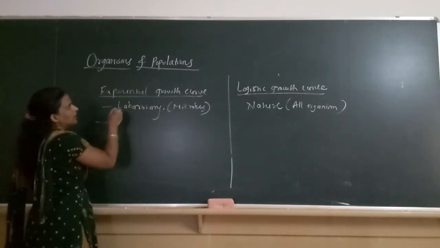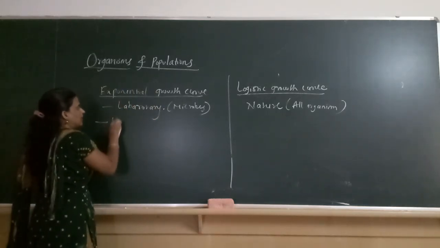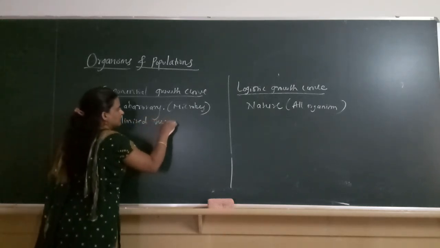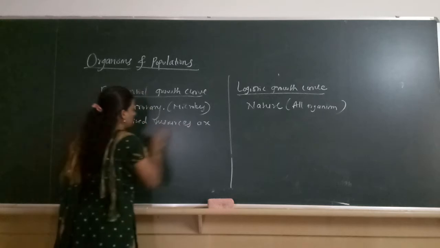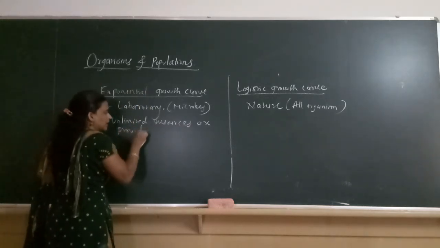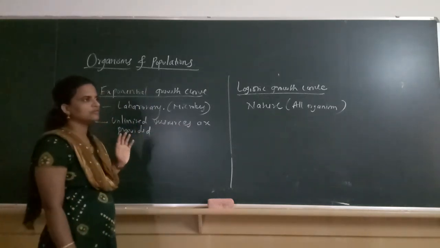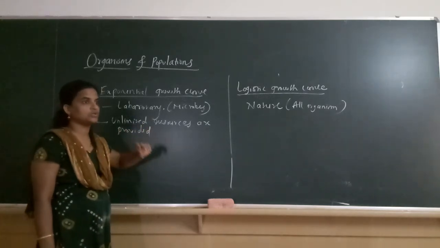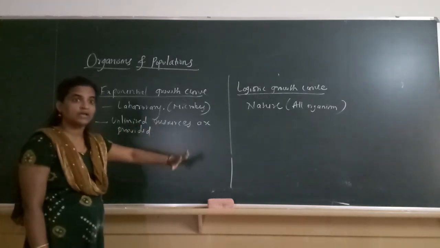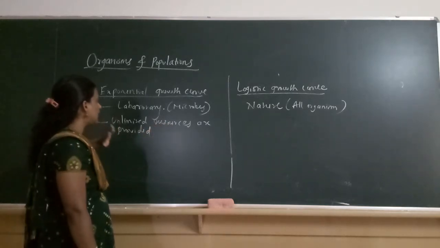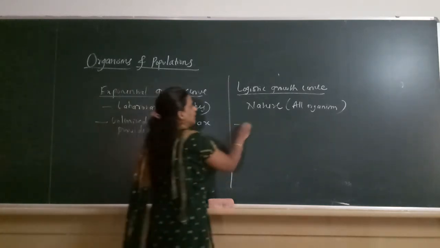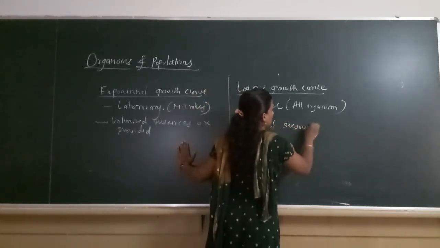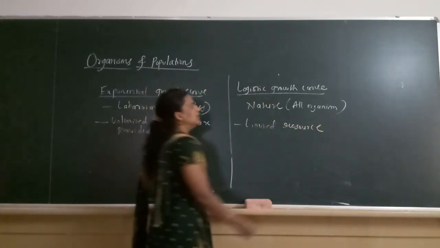Okay, second one, exponential, it is unlimited resources are provided. Unlimited resources means there is food, we are continuously providing food, optimum temperature, pressure, humidity, space. Okay, these all are unlimited for the growth. Here limited resources are provided.